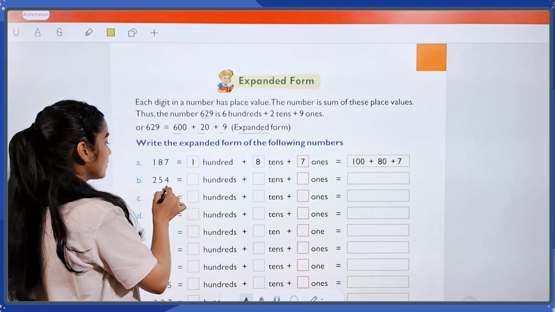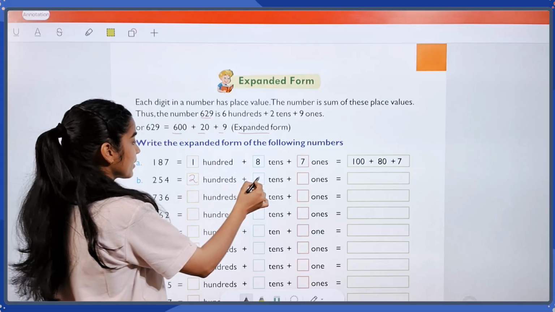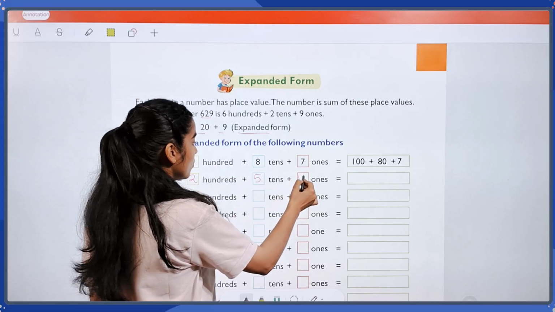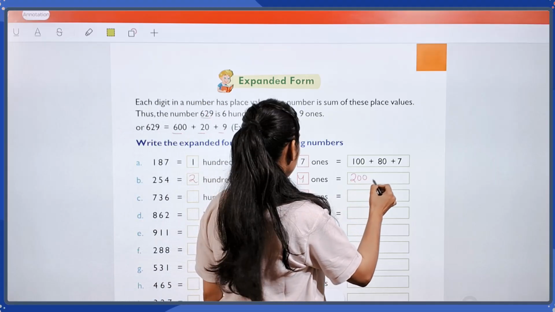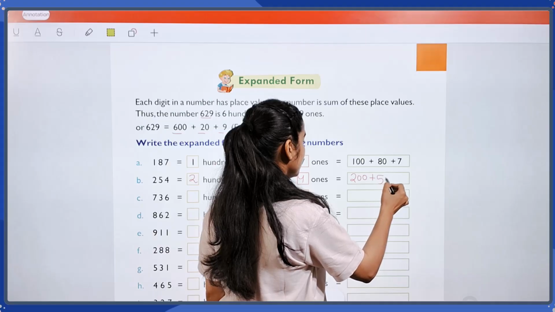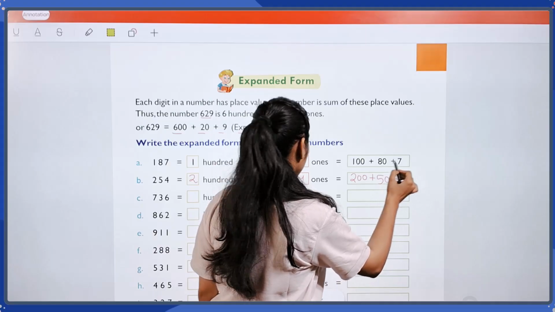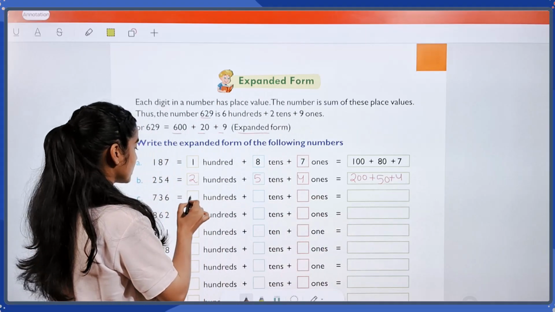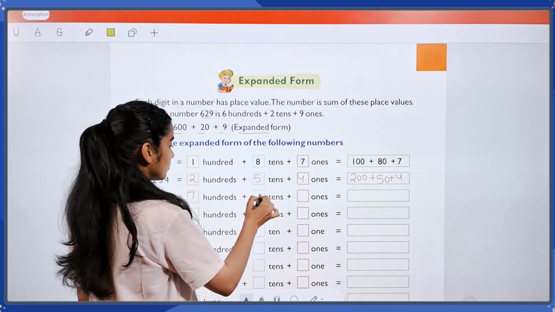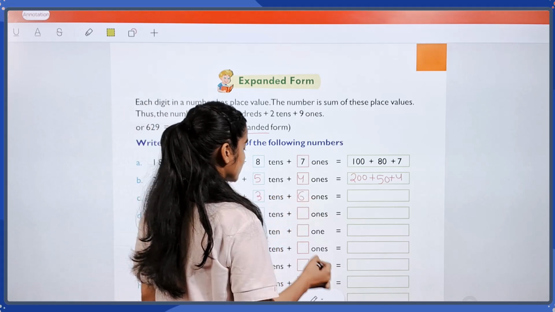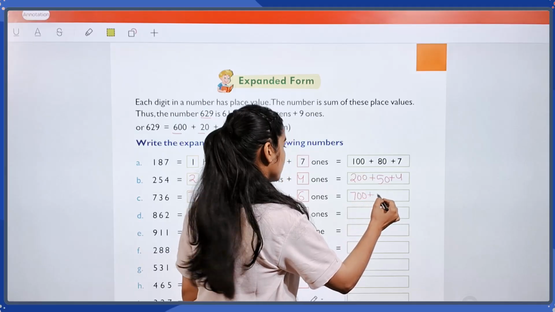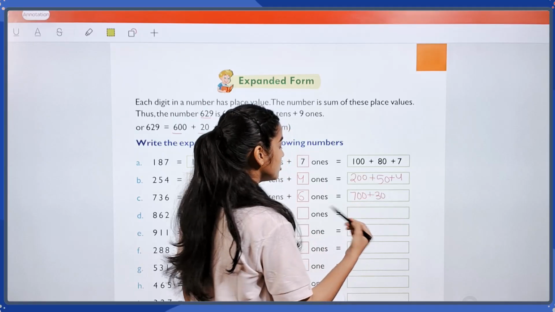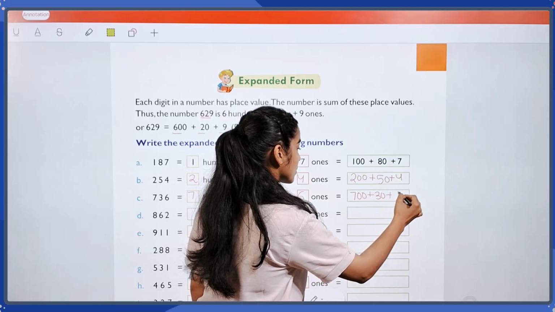Now 254. So 200, 5 tens and 4 ones, which means 200 plus 50 plus 4. Next we have 736. 700, 3 tens and 6 ones, which means 700 plus 30 plus 6.